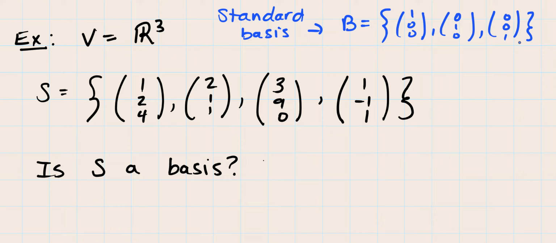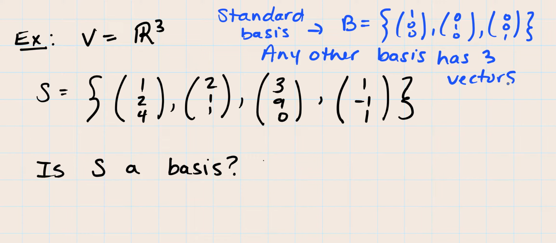We also said that any other basis for V would have three vectors. This set has 4 vectors. Since it has more than 3 vectors, then it's not a basis.